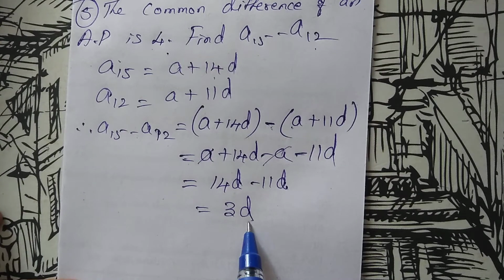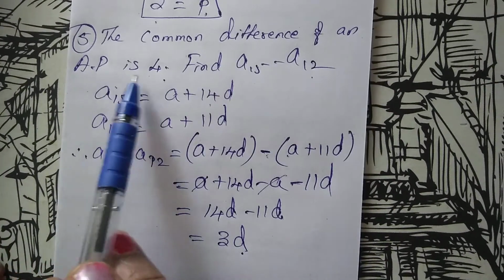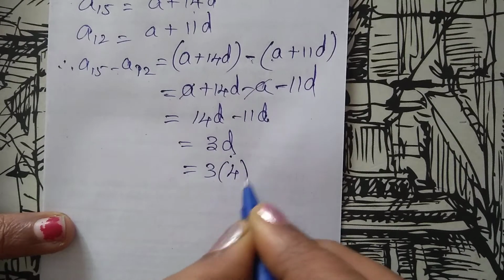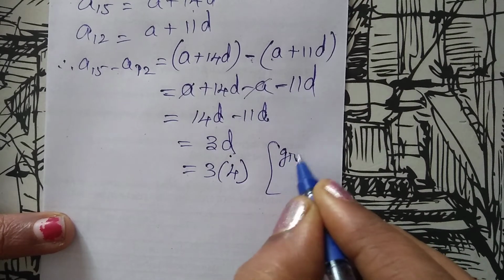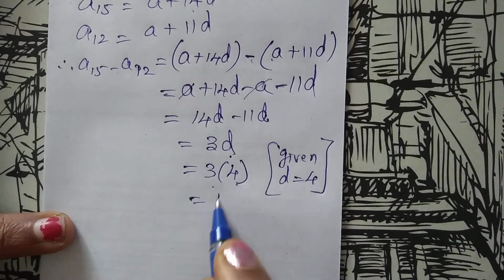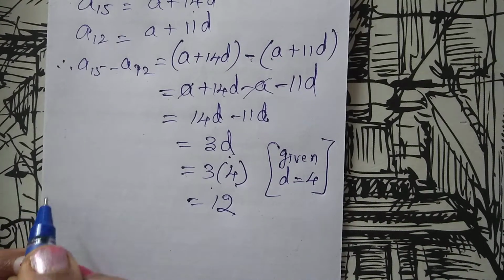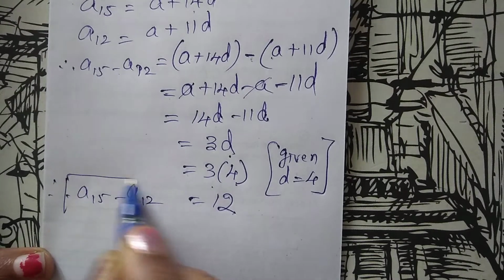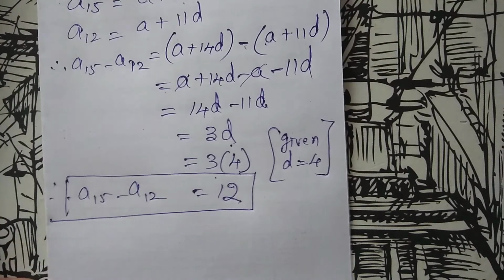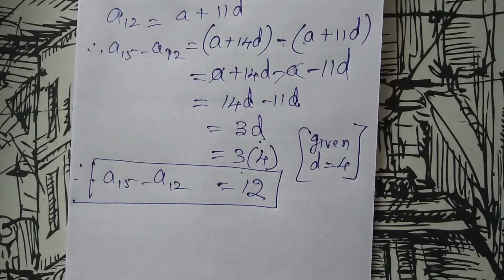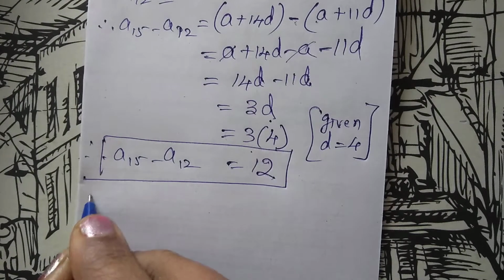But the D value is given as 4. So we substitute 3 into 4. So I can write given D is equal to 4. So I am substituting 3 4s are 12. Therefore, A15 minus A12 is 12. So we are using here the Tn is equal to A plus n minus 1 into D formula.